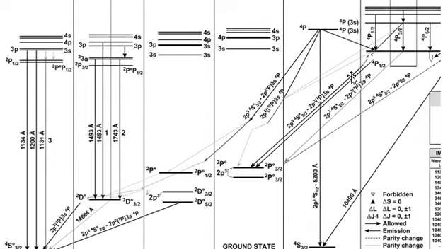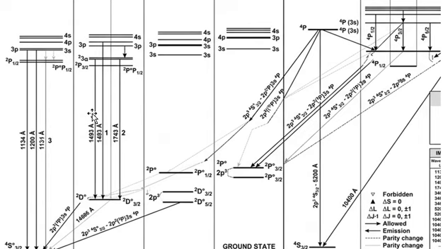But I have shown some transitions which violate delta S is equal to 0, but these are the weak transitions. And the strong transitions are shown. For example, in each individual column, these are some of the strongest transitions. And you see that these obey the rule of transitions from the odd parity to the even parity and vice versa.